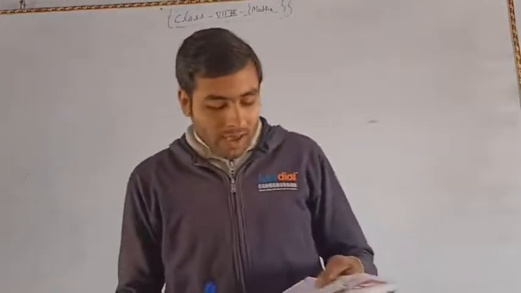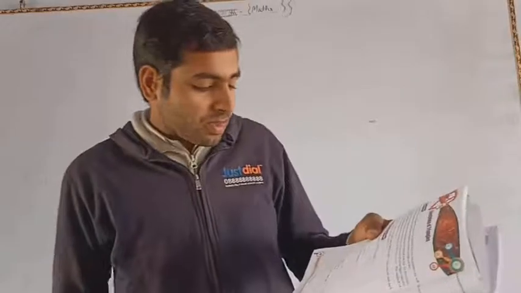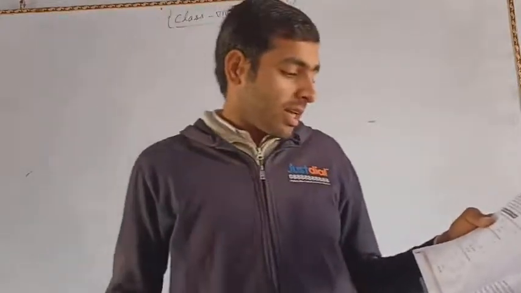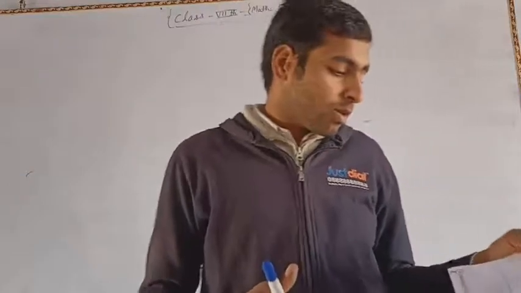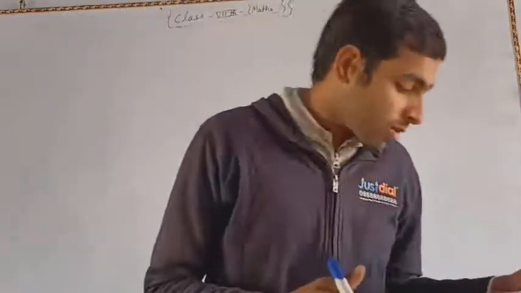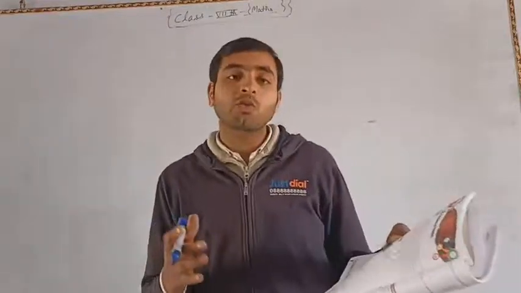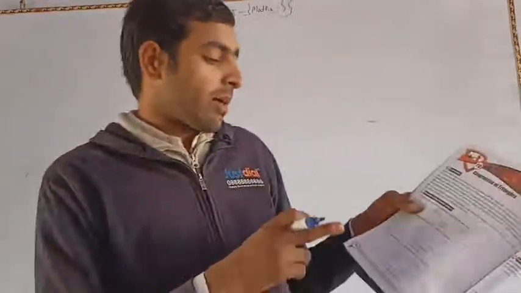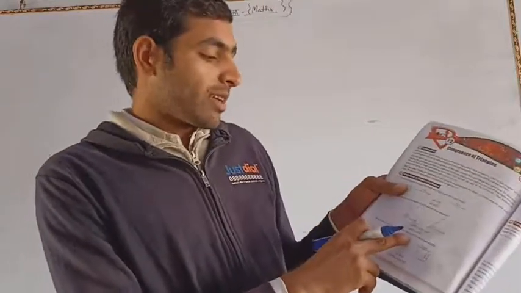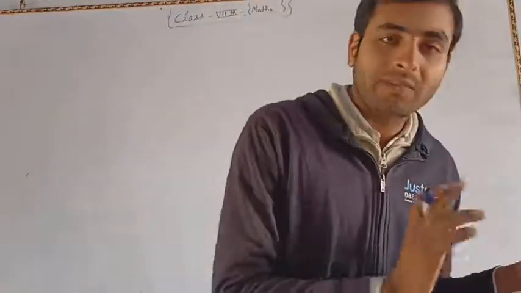Again, when two squares are of the same size and same shape, and the length of each side of one square is the same as the other square, then the squares are said to be congruent. Here it is given in this book that two squares are said to be congruent if they have sides of the same length.